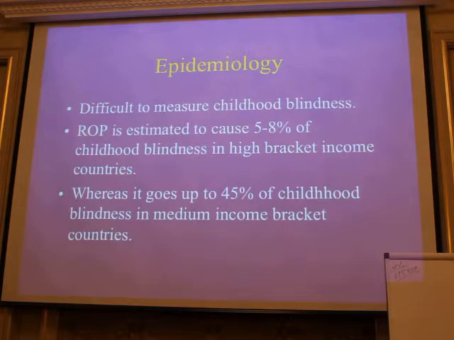But if you look at the high bracket and the medium income bracket countries and the childhood blindness causes, you see that only 5 to 8% in the affluent countries are from ROP, while in the medium bracket countries, it goes up to 45%.